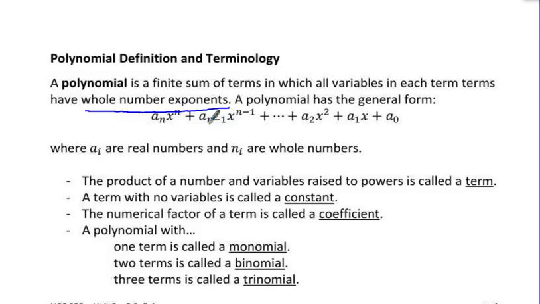A polynomial has this general form: a sub n times x to the n plus a sub n minus 1 times x to the n minus 1 plus, that could continue until we get a sub 2 times x squared plus a sub 1 times x to the first plus a sub 0. What you should see is that the exponents are in descending order from n to n minus 1 to n minus 2, n minus 3, n minus 4 until we get down to 2, 1, 0.